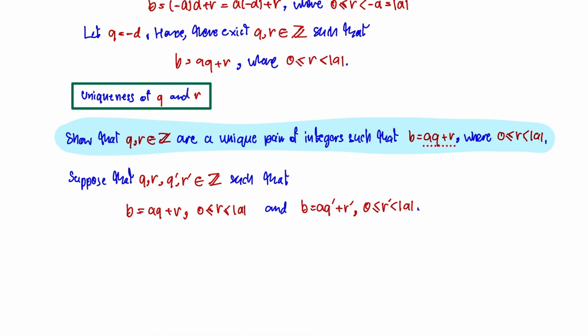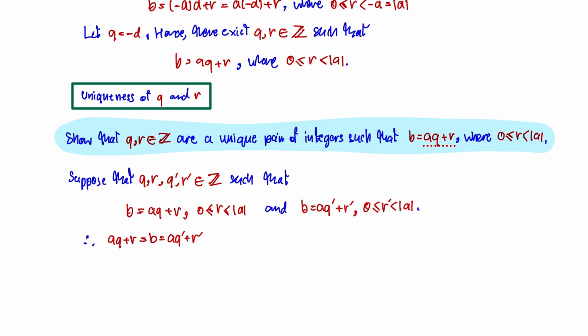Then what do we have? These are both B, so they are the same. So we have AQ plus R equals B, where B is AQ prime plus R prime. So what do we have next?